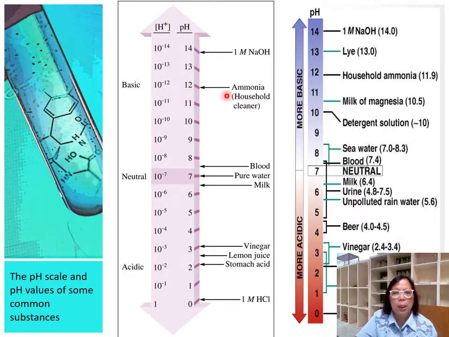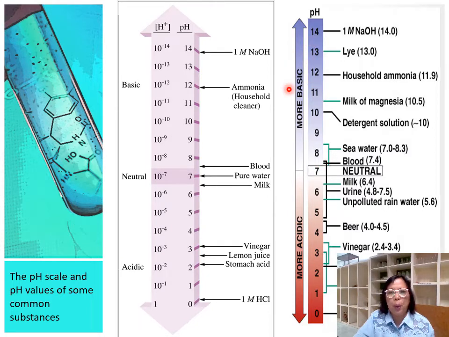It is 12 in pH, and then the main ingredient for soap, the sodium hydroxide, has a pH of 14 if the molarity is 1.